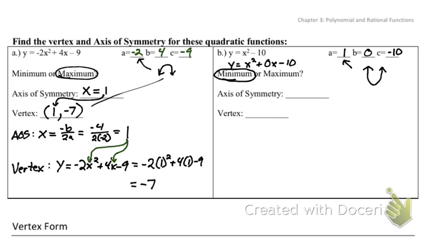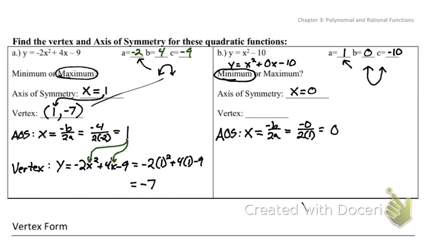Axis of symmetry. I'm going to do that down below too, because I did leave room down there. So our axis of symmetry is going to be x equals something. Negative b over 2a. Well, because our b is 0, it really doesn't matter what our 2a is, but it would be 2 times 1, but no matter what, it would equal 0.